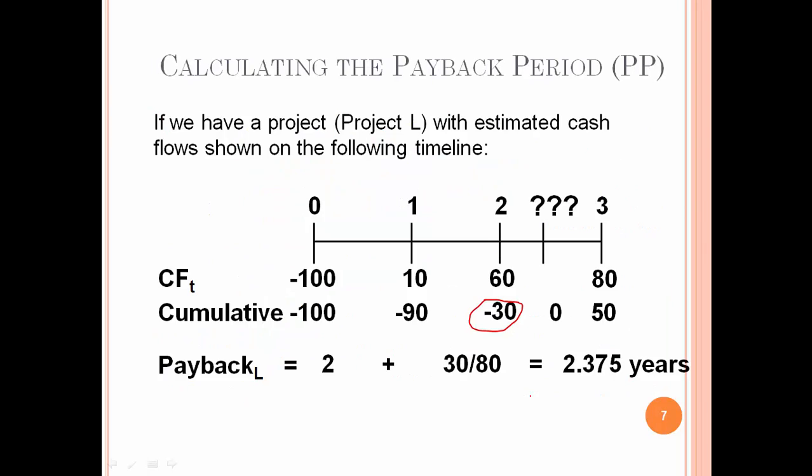So let's go back to the timeline. By the end of year 2, we have a negative 30, and then by the end of year 3, we accumulate all these cash flows and we get a positive 50. So at some point between year 2 and year 3, this cumulative cash flow becomes 0, and that's the time we break even, or say we recover the initial investment.